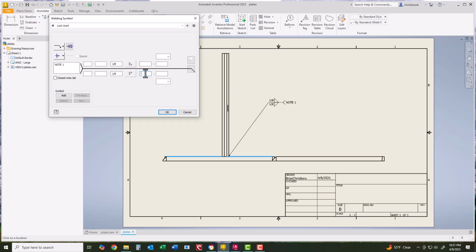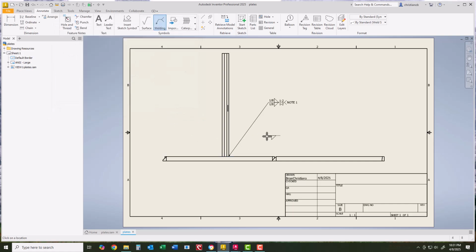And we're going to put this in so that we do 1 inch long every 2 inches. So we're going to stagger these, and they're called a stitch weld.